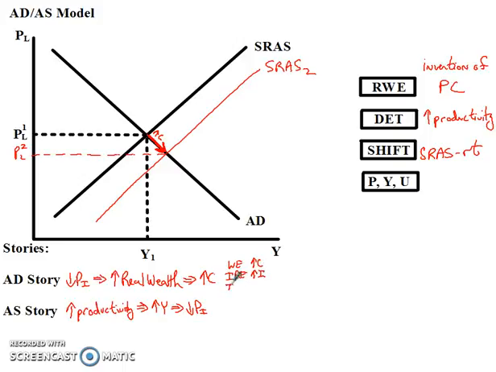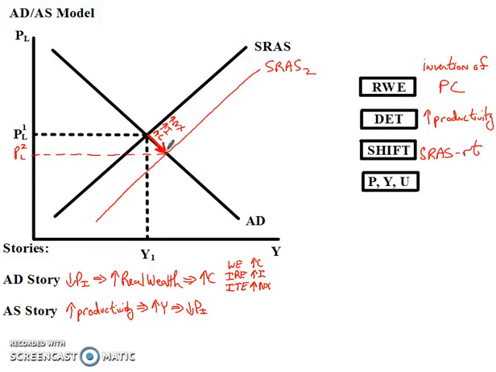And then finally there was the international trade effect. If prices go down in the United States, our goods become cheaper than the rest of the world's, and more people buy our stuff. That means increased exports, an increase in net exports. So this movement along the aggregate demand curve is because of increased consumption, increased investment, and increased net exports.